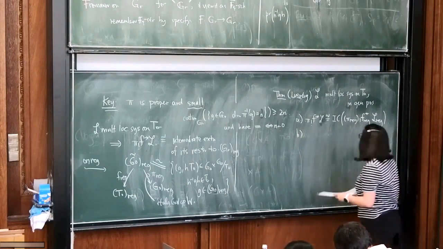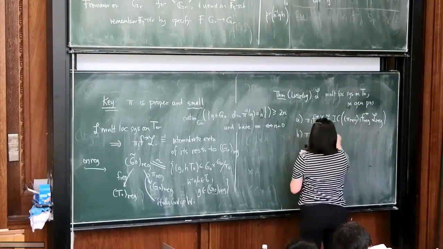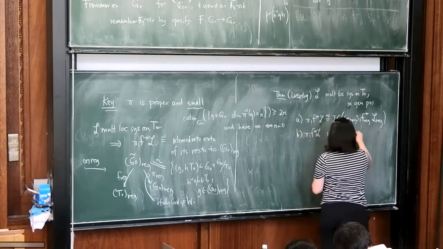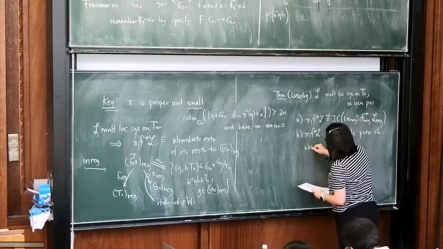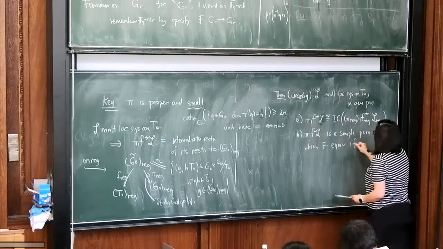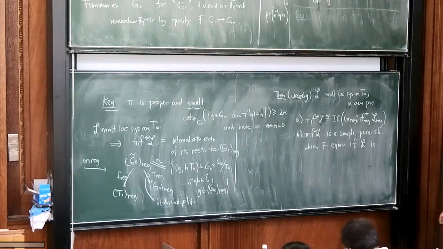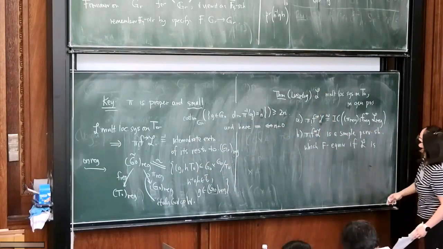The second part of this theorem is that this push-pull is a simple perverse sheaf which is going to be F-equivariant if L is. And that's because of the comment I mentioned before, that we have this nice isomorphism that allows us to forget about this choice of B naught.